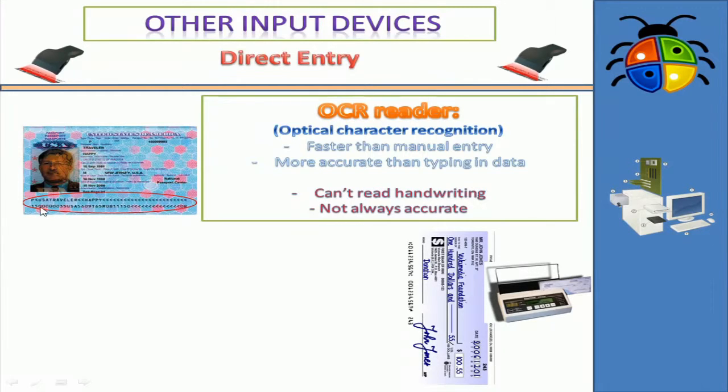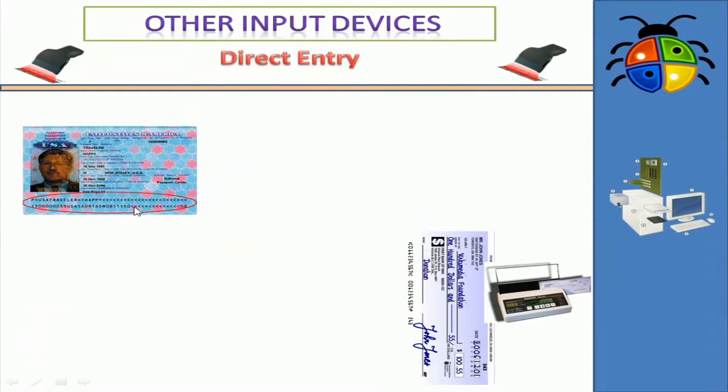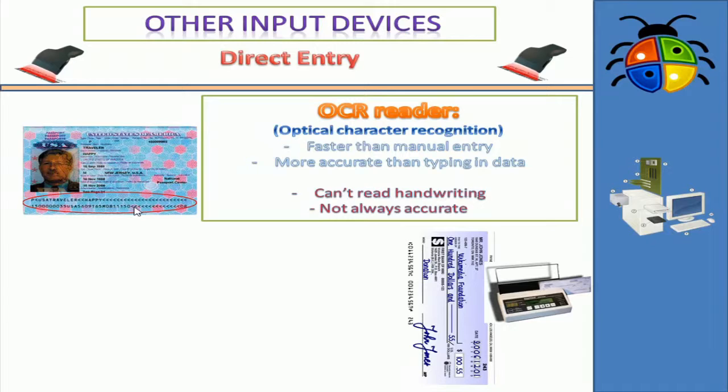Or likewise, if there's a mark on here, then it's going to struggle to find that character. So this is OCR. Often they'll ask you about OMR and OCR, because these sound similar. They're trying to confuse you, so make sure you're clear on these ones.